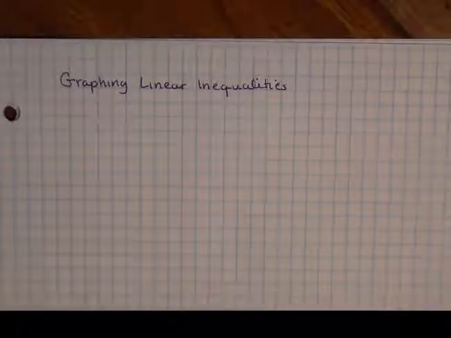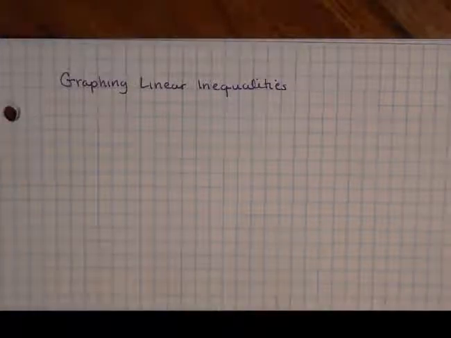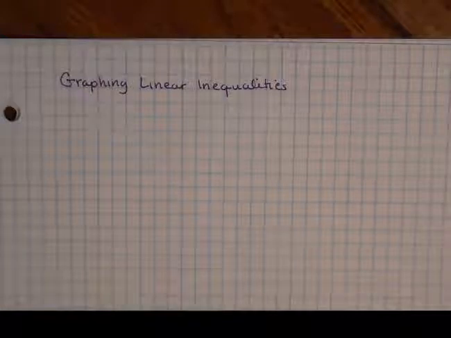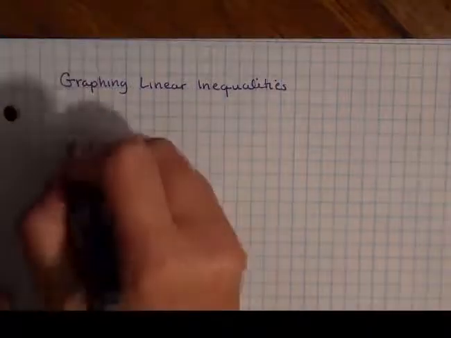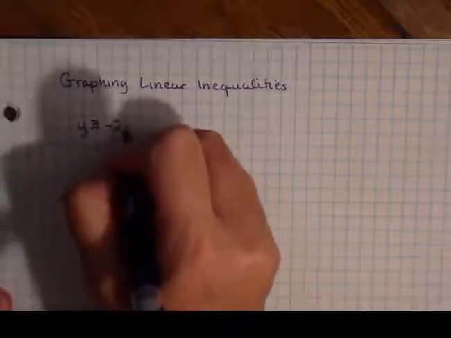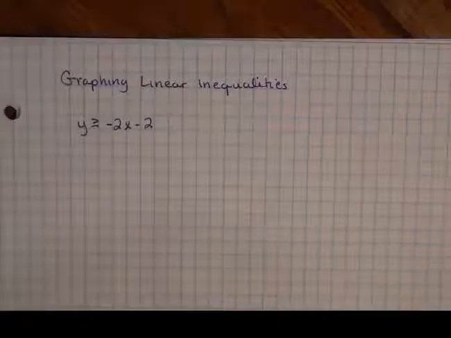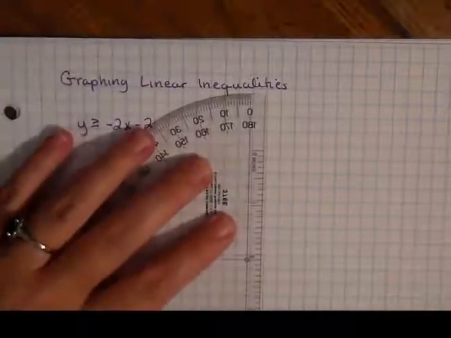We need to actually graph some linear inequalities. So the first thing we need is an inequality to graph. I'm going to start with one that's already in the y equals mx plus b format, just to make it simpler. We'll make our coordinate plane.